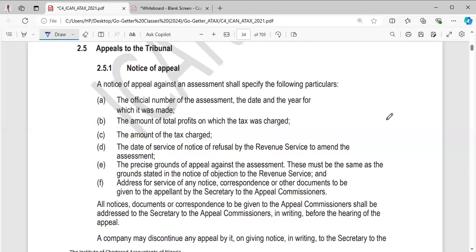The notice of appeal in writing must specify the official number of the assessment. We said the assessment number, the date, and the year for which that assessment was made.